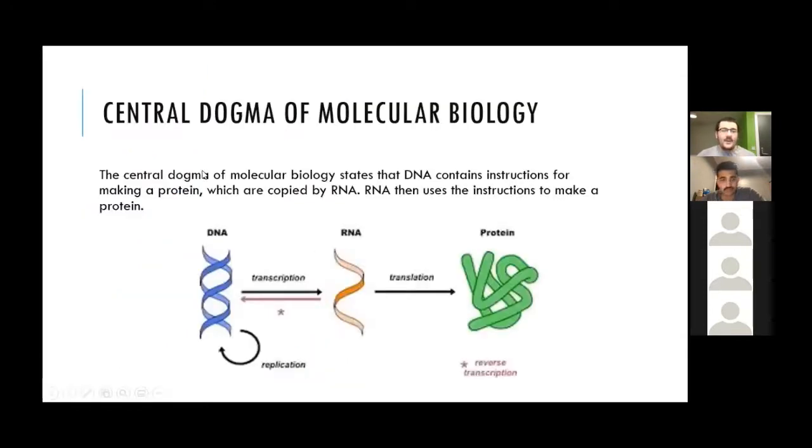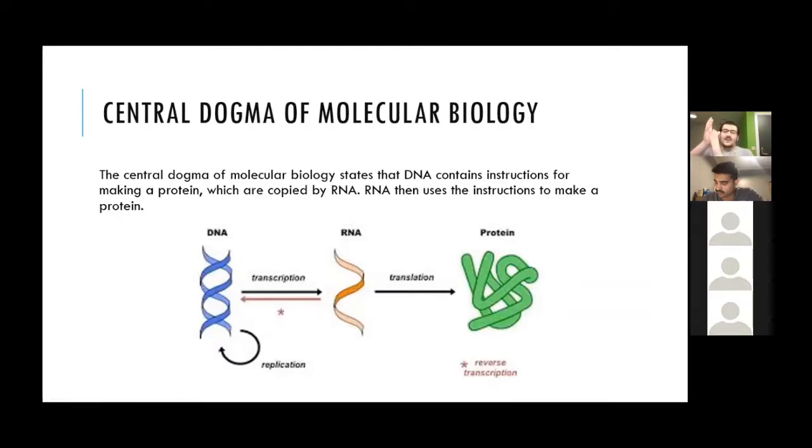Okay. Now we're moving to the central dogma of molecular biology. It's basically a rule that the flow of information, if you take the genetic code as a source of information, is from DNA to RNA to protein. A small exception is some viruses that use reverse transcriptase.